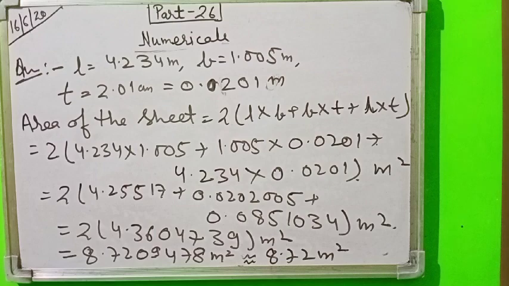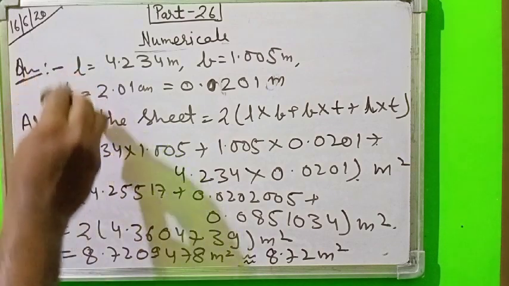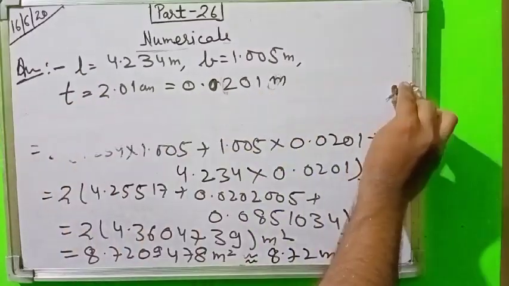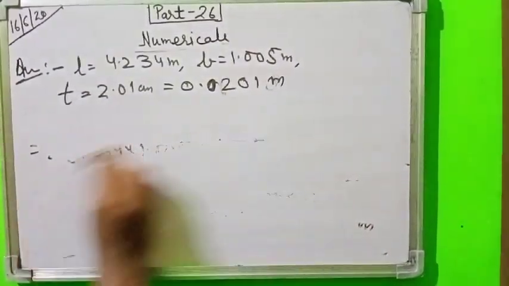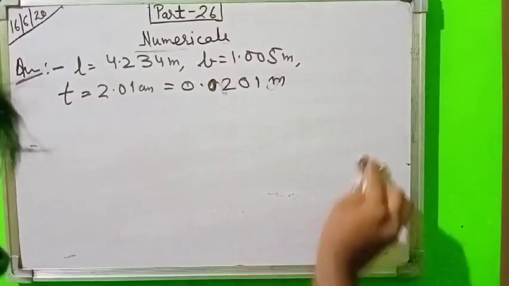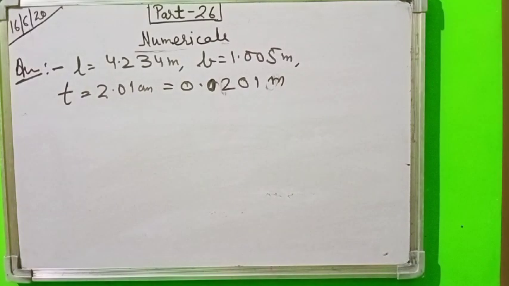Now volume of the sheet. Now we will discuss about volume of the sheet. This was about area of the sheet.